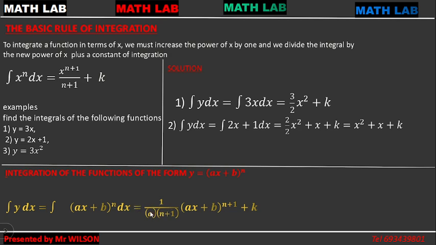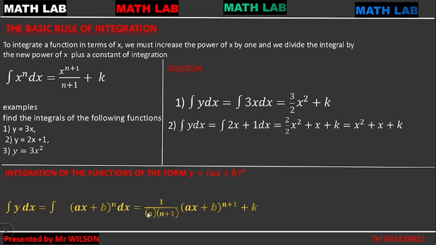Will simply be equal to the function. You increase the power of the function to n plus 1, you divide by the new power, and you multiply the denominator by the differential of your function, the differential of what is inside. As we have ax plus b, if you differentiate it, you get a.